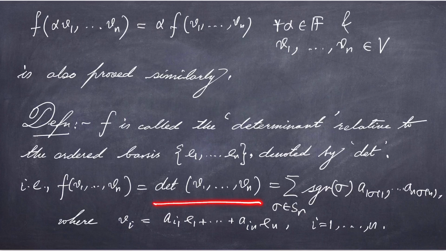So for any v1, v2, ..., vn, we denote this quantity by det(v1, v2, ..., vn). Here the vi's are written like this.